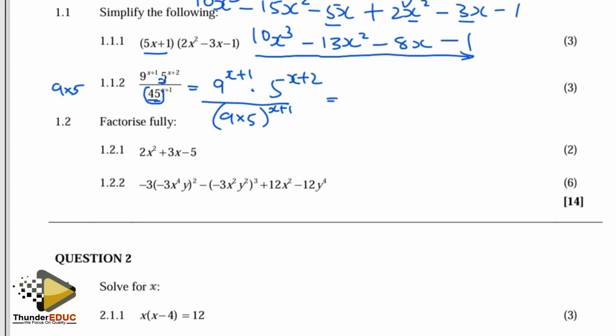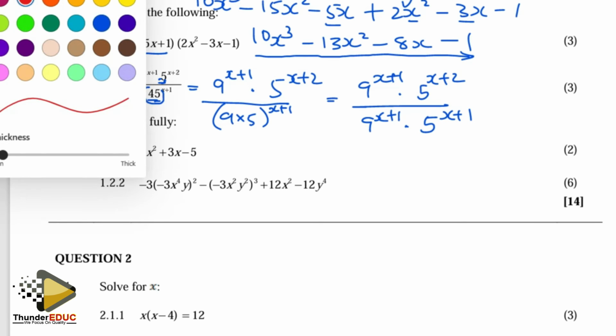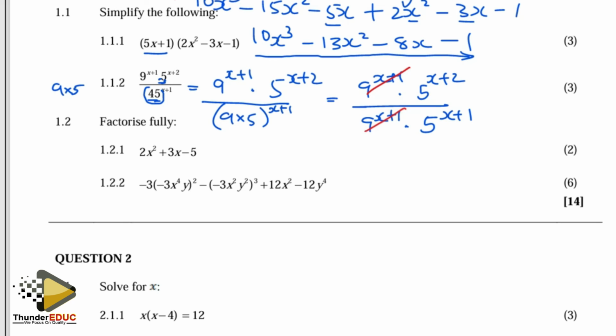Then I need to split that up. So 9 to the x plus 1 multiplied by 5 to the x plus 2 over 9 to the x plus 1 multiplied by 5 to the x plus 1. These are the same, which means they can just cancel out. Even if I apply the laws, I'll get 9 to the exponent 0. And then here, I'm seeing x plus 2 and x plus 1, so I'll subtract.